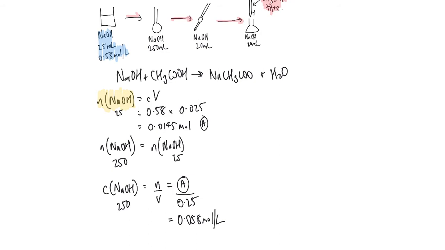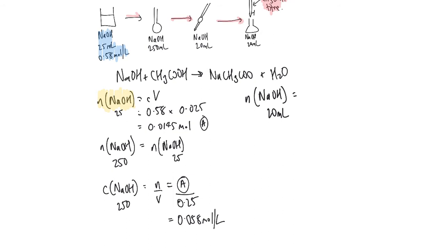So I want to find out how much is in 20 mils from that 250 mils. If I can work out the number of moles of the NaOH in the 20 mils, it will be a fraction of what is inside the volumetric flask.